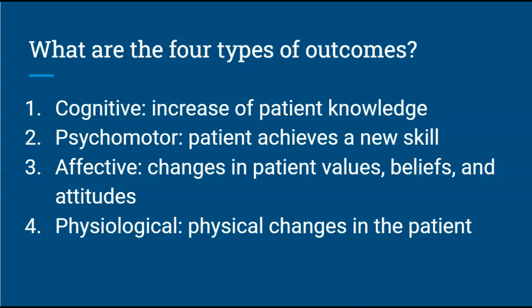Psychomotor is when a patient achieves a new skill or learns a new skill. 3 is the affective one, which changes in patient values, beliefs, and attitudes towards their health or whatever brings them into your care. And the last one we're adding is called physiological, and that is physical changes in the patient. That can be anything like weight loss, changes in vital signs, and things like that.